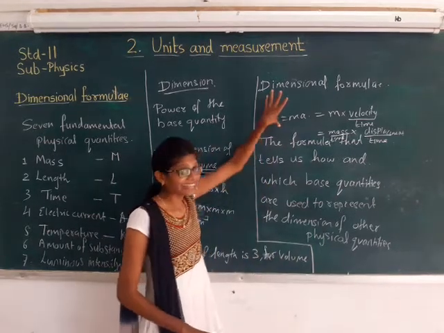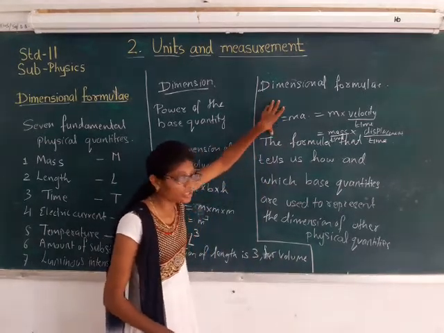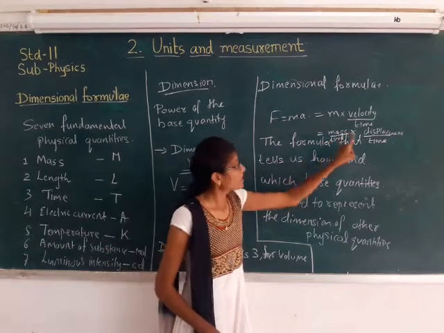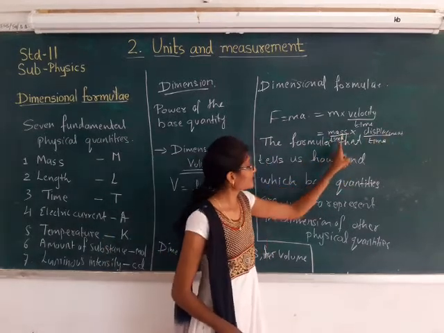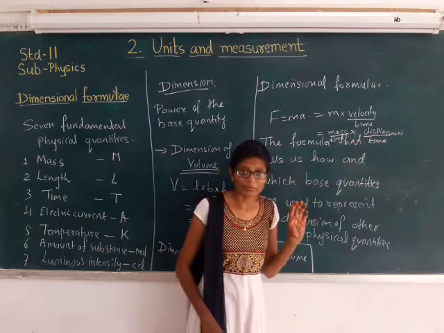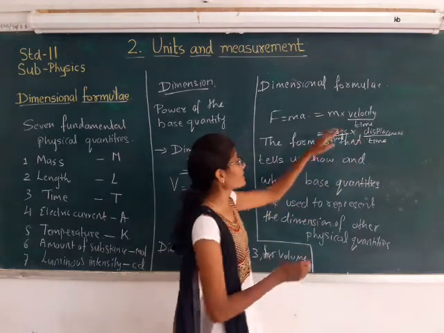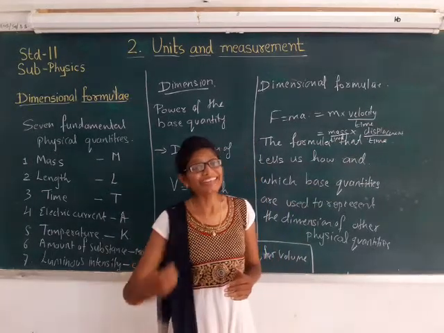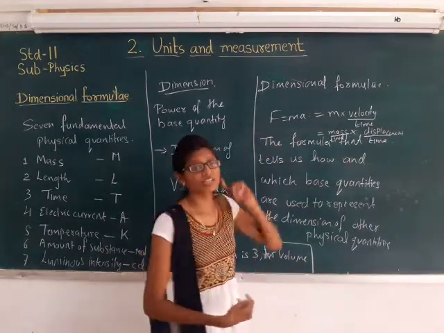So to get the dimension of the force, we should know the dimension of the mass, the dimension of displacement, the dimension of the time, right? We should know the power of mass, time and displacement to get the dimensional formula for this force.